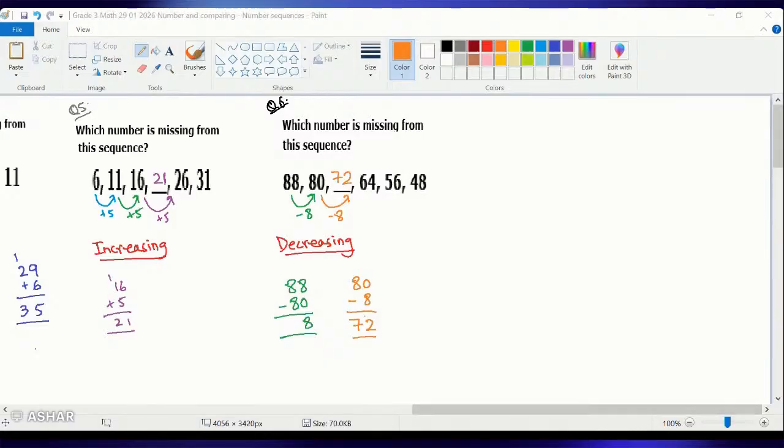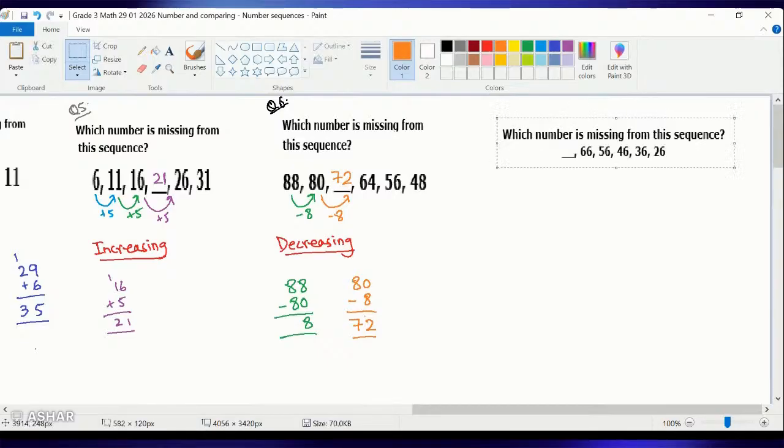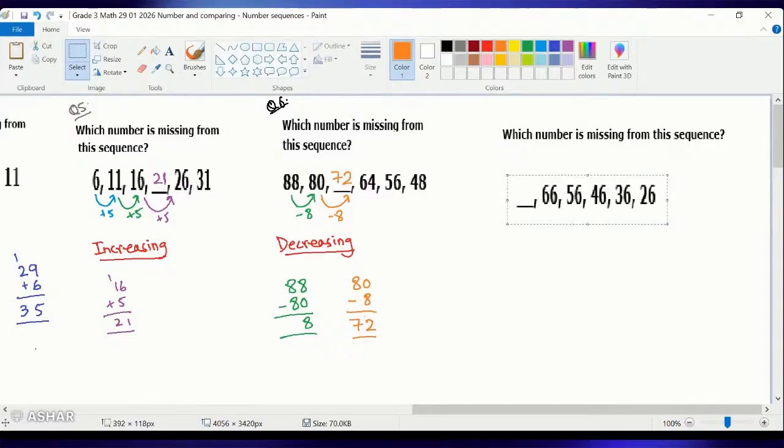The next question we have is, which number is missing from the given sequence? In this given sequence, the first number is missing for us. Let's make two variables in this sequence, okay?